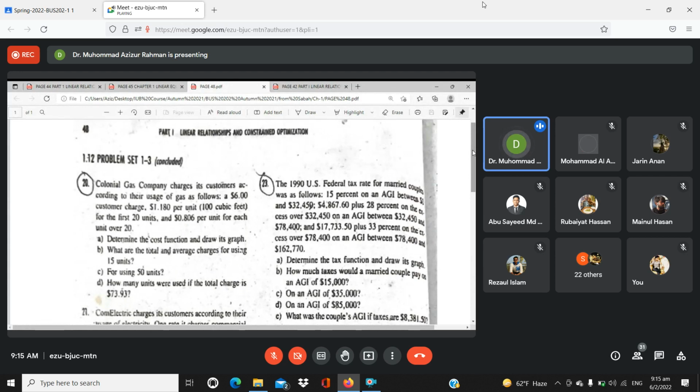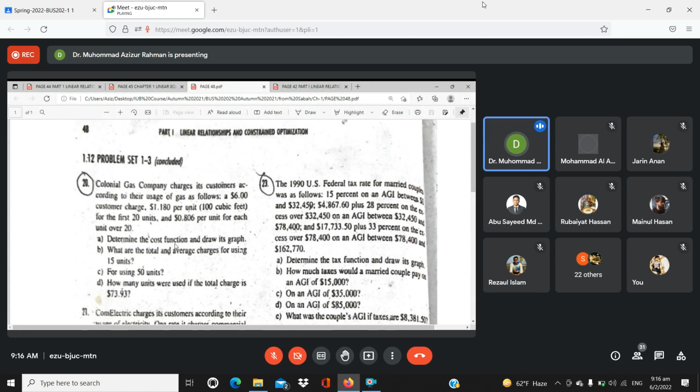So Colonial Gas Company charges its customers according to their usage of gas as follows. $6 is the customer charge, so that is the fixed cost, and $1.80 per unit for the first 20 units, and 0.806 per unit for over 20 units.